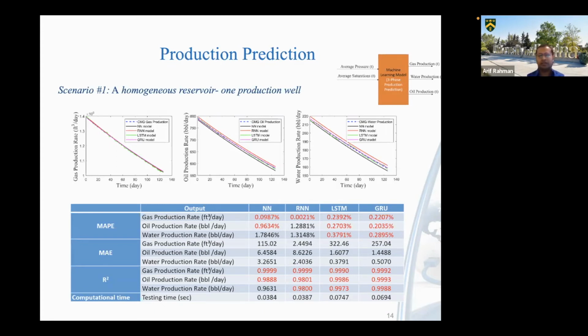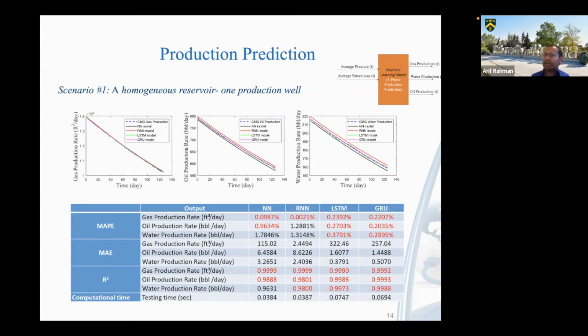Here we use artificial neural network, LSTM, GRU, and RNN to develop our proxy model. These analyses will help us to decide which neural network will provide us the best match and how we can improve the chosen machine learning technique. At the end, our developed model will assist us in quantifying if there is any uncertainty associated with our model.